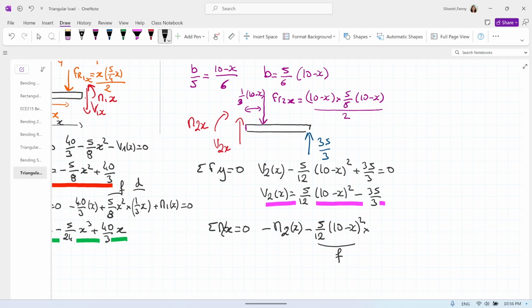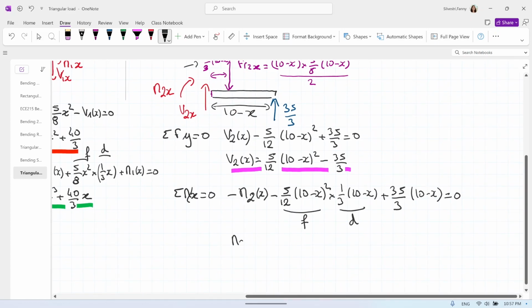The distance is this one, times 1/3 of (10 minus x). So this one is a distance. Don't forget the distance, it's something that happens a lot. And the 35/3 creates a positive moment, and this total distance that I'm adding is 10 minus x. So times (10 minus x) equals 0.